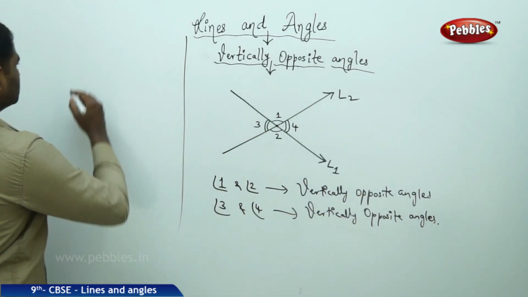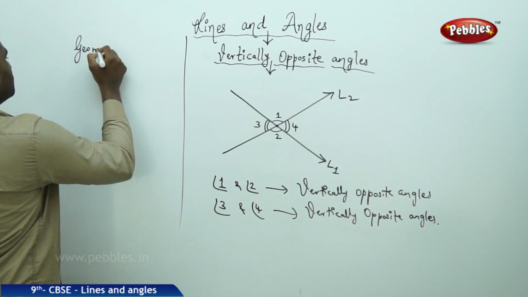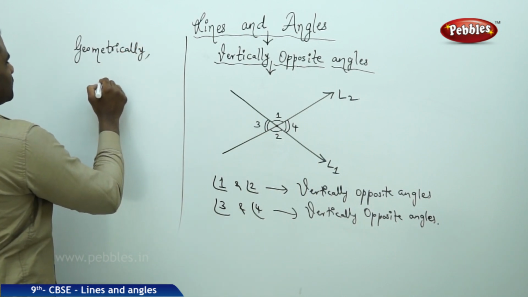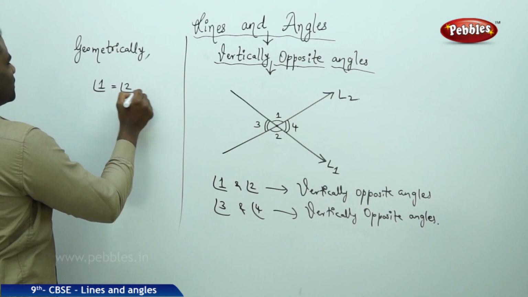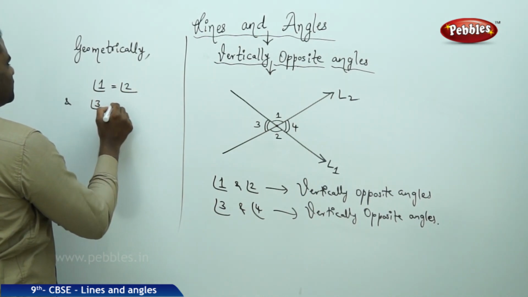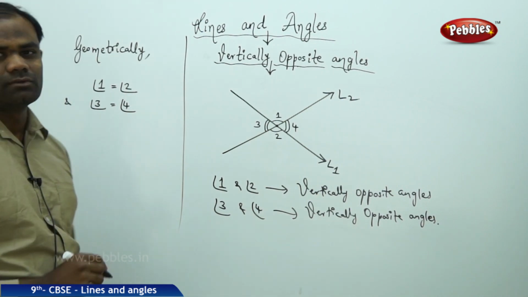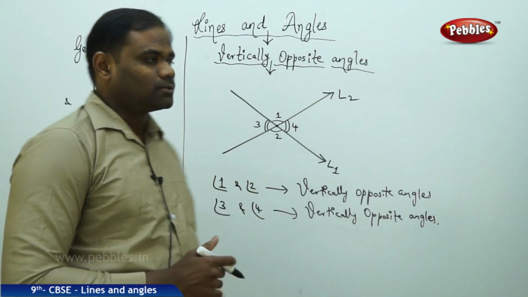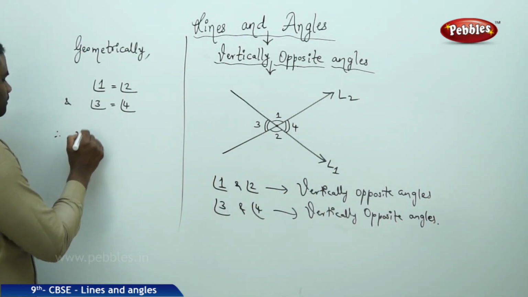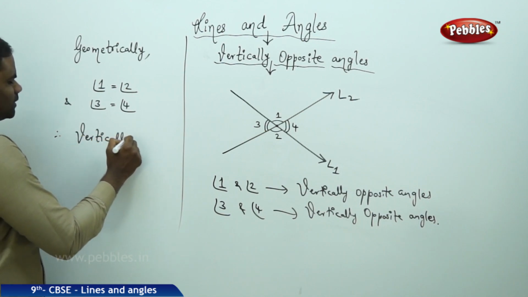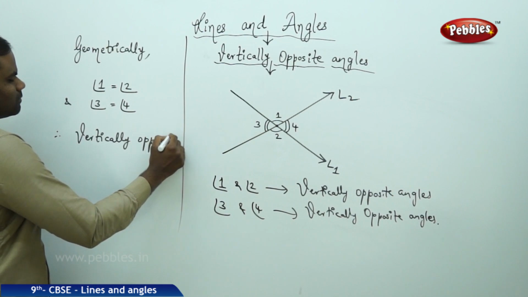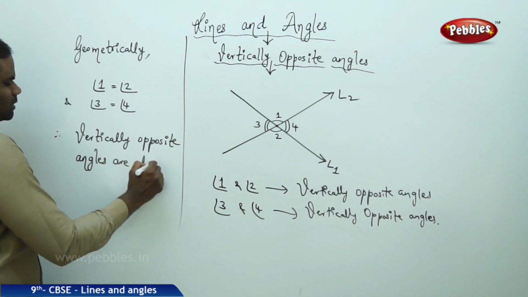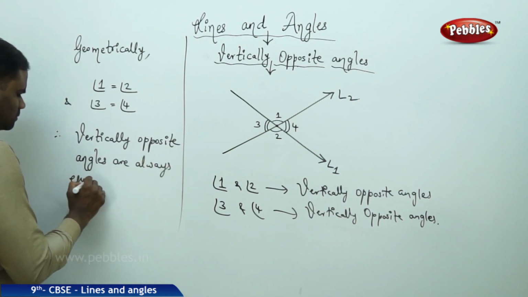Also, geometrically, we have angle 1 equals angle 2 and angle 3 equals angle 4. So vertically opposite angles are always equal at the point of intersection. So here we make a property that vertically opposite angles are always equal.